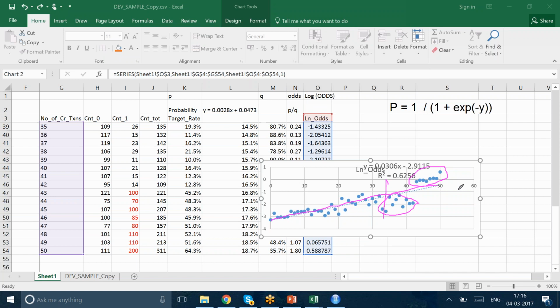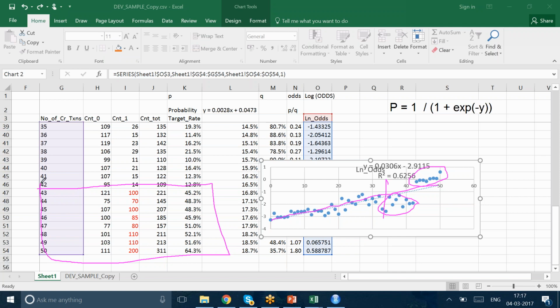And when we build a logistic regression, if we see this kind of a pattern, I will build a separate model for this segment. I'll not build the same model for this segment with the rest of the data.